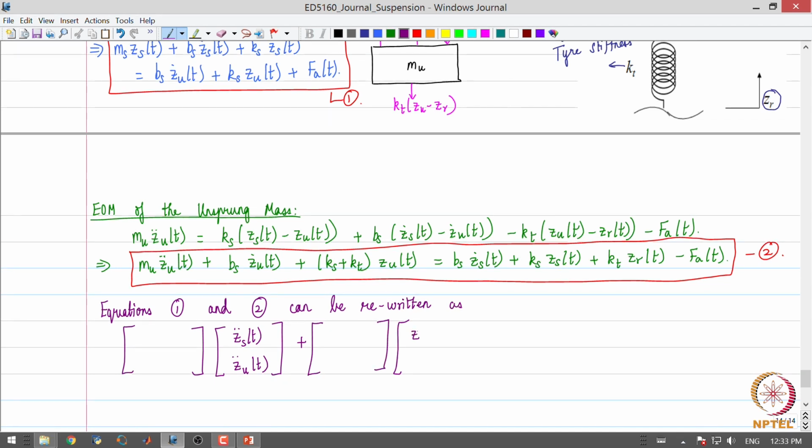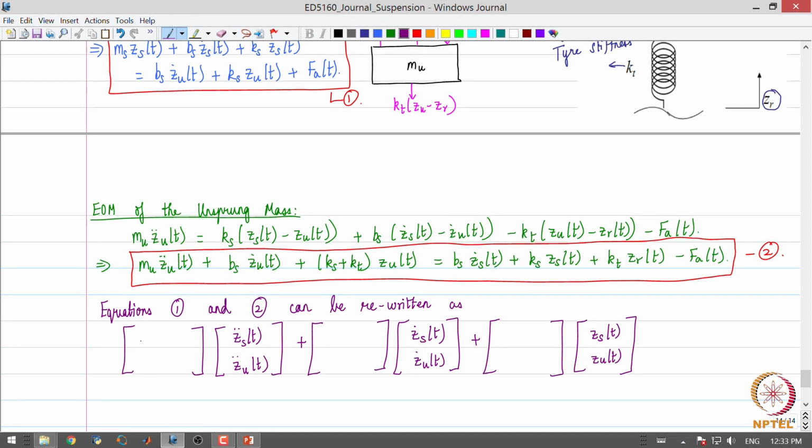We will fill up these elements shortly, but first let me write the structure so that it will become clear as to what we are after.